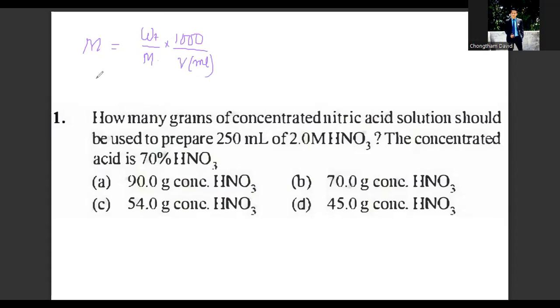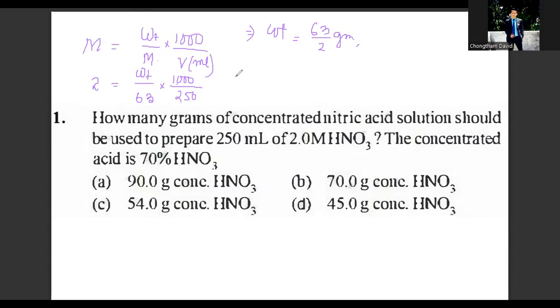So you have 2, which is the given molarity. Weight, you know what is the molar mass of nitric acid? 63. Into 1000, and the volume of the solution in ml is given as 250. You simplify this equation and the weight can be easily found out. It gives 63 by 2 grams after calculation.